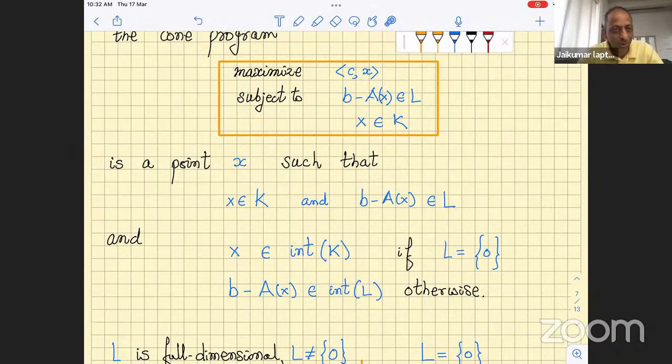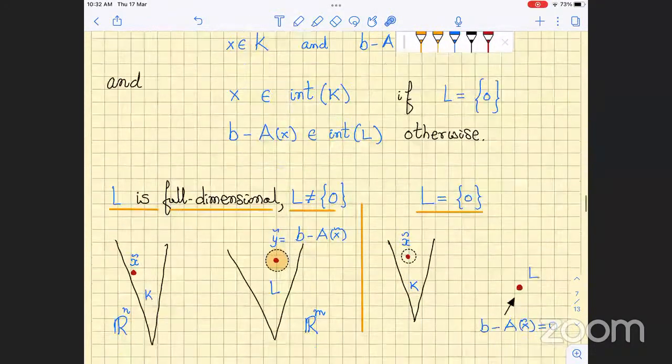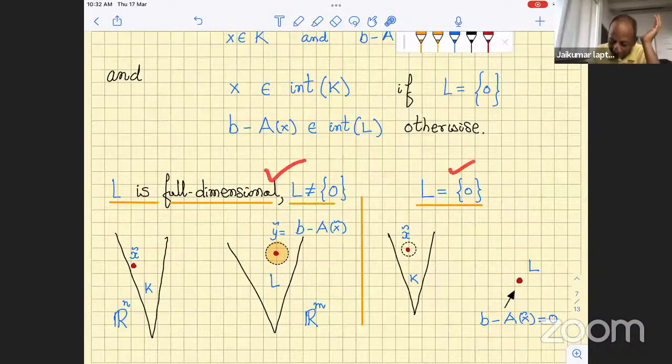So it's not as if we have covered all the cases. There are these two cases in which we will be able to get by.